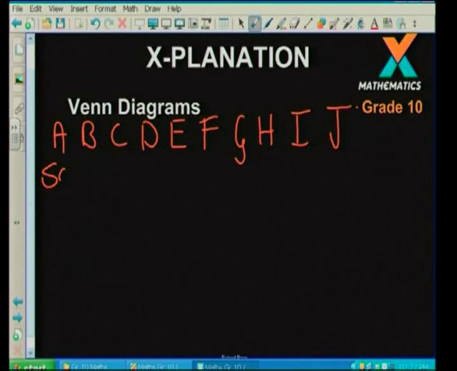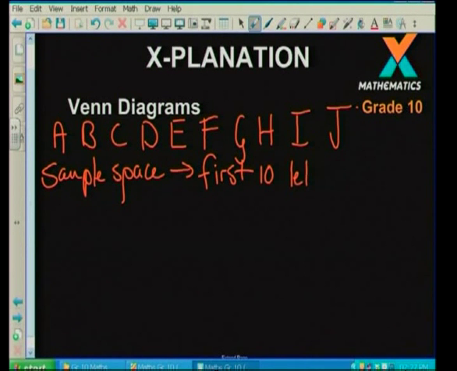So what I'm going to do is I'm now going to put the first 10 letters of the alphabet into a Venn diagram. And I'm going to start by saying my sample space is the first 10 letters of the alphabet. Then my one event is going to be all of the vowels, and my other event is going to be all of the consonants.